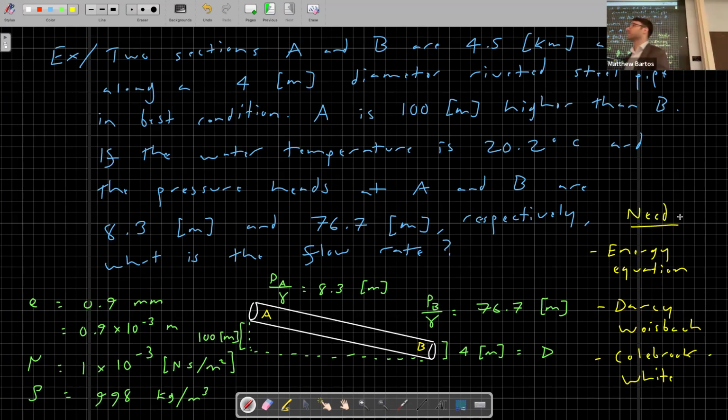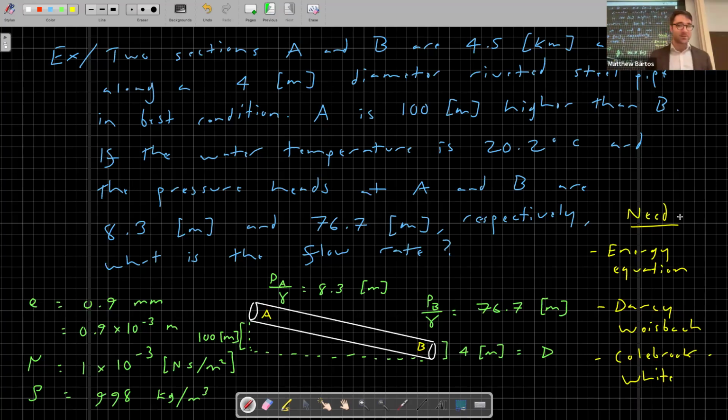We will. Once we know the flow rate, though, we'll know velocity from continuity. So I guess implicitly we also need continuity. But it's just, Q is equal to U times A, right? Also, are you assuming that this is all turbulent flow? We can verify that when we go to compute the Reynolds number. So we'll also need the Reynolds number.